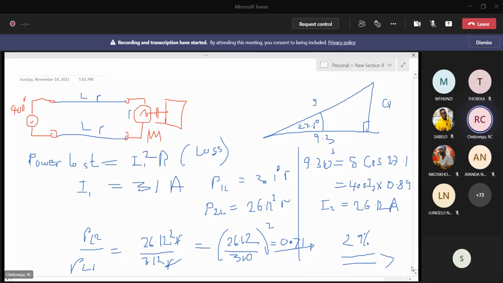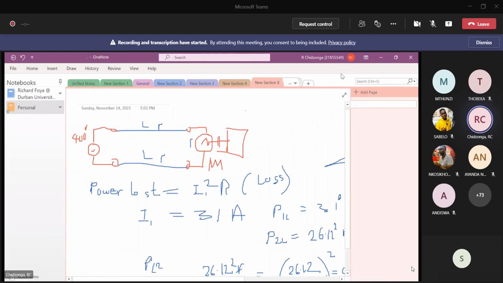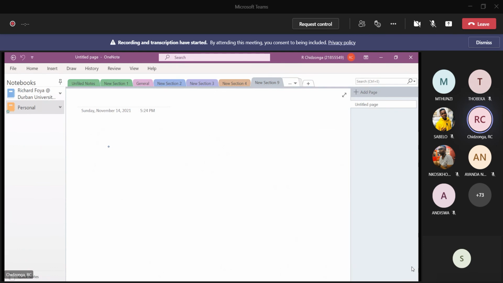This ratio is power loss 2 divided by power loss 1. Do you see that? Yes. Right. So that's what we are saying. We are saying power loss in case 2 divided by power loss in case 1 is equal to 0.71.